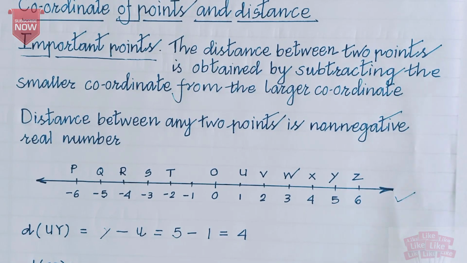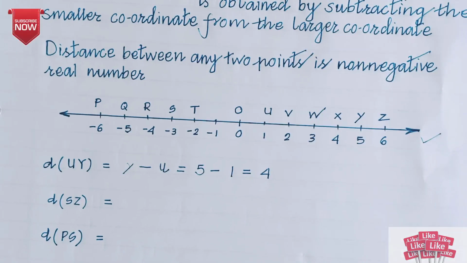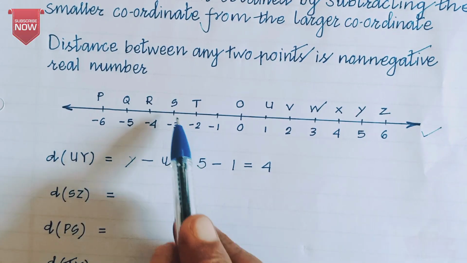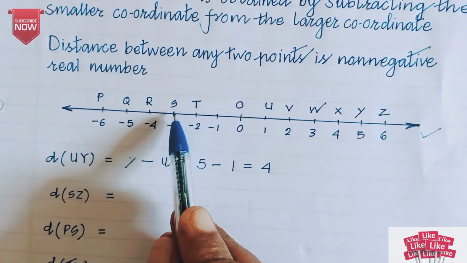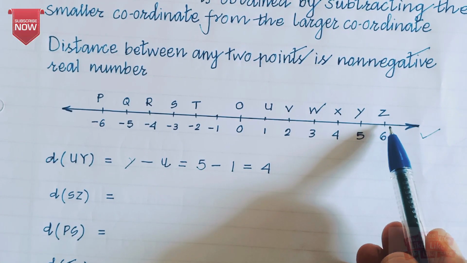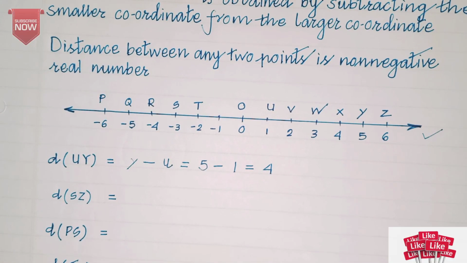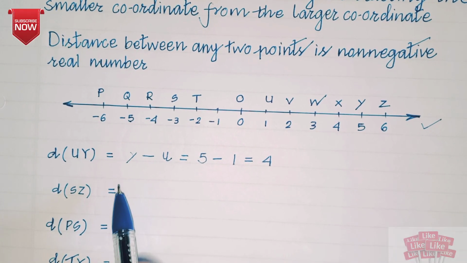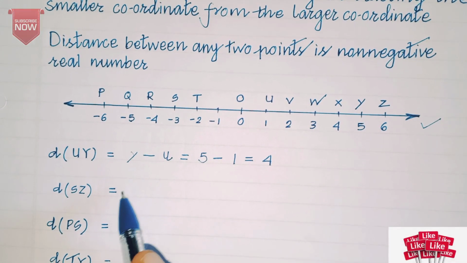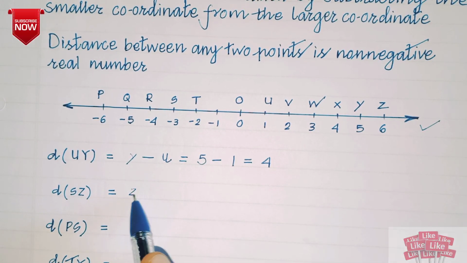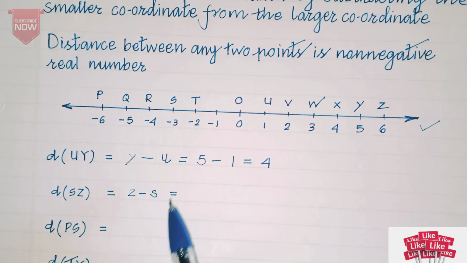Now you see here the next question. Distance is S and Z. This is S which is on the left hand side, Z on the right hand side. So the distance is S and Z. So you make a subtraction Z minus S. You write the smaller number here.